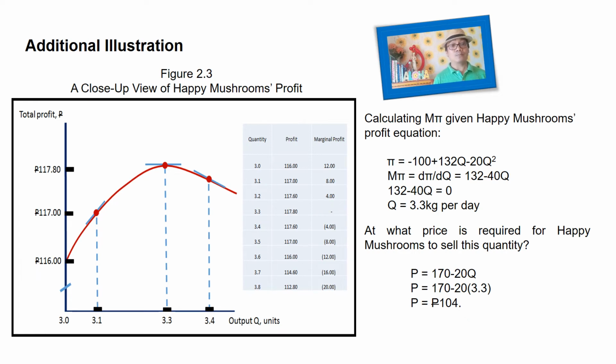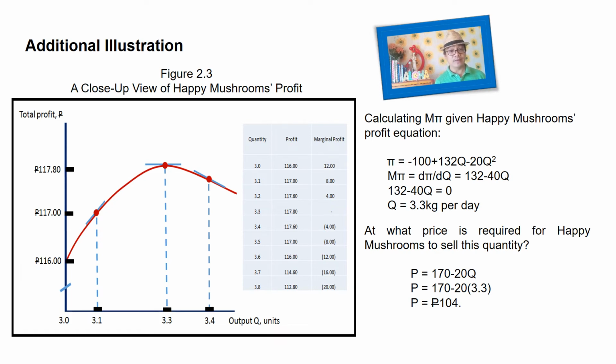But at what price is required for Happy Mushroom to sell this quantity? The answer is found by substituting Q equals 3.3 kilograms into its price equation, given by P equals 170 minus 20Q.